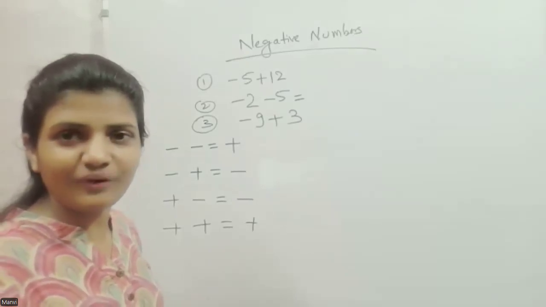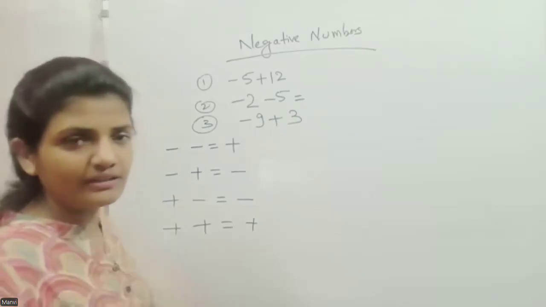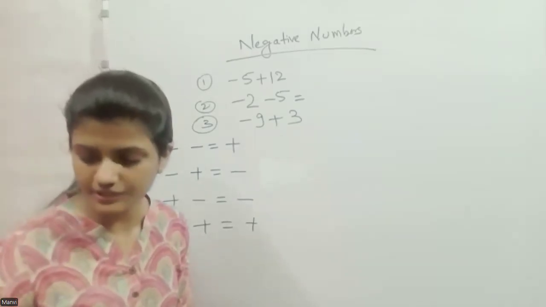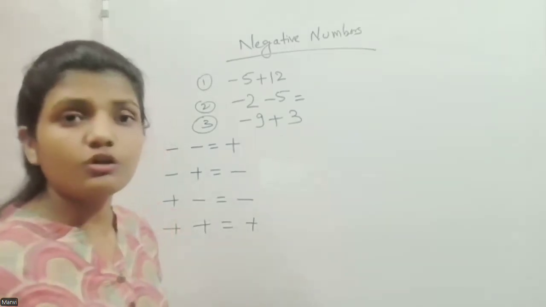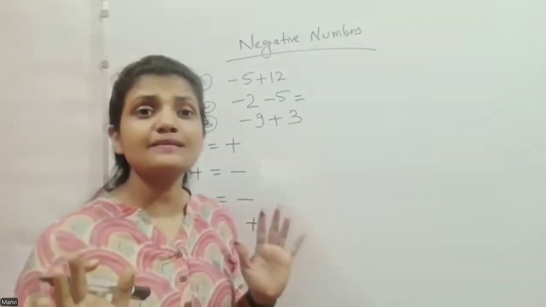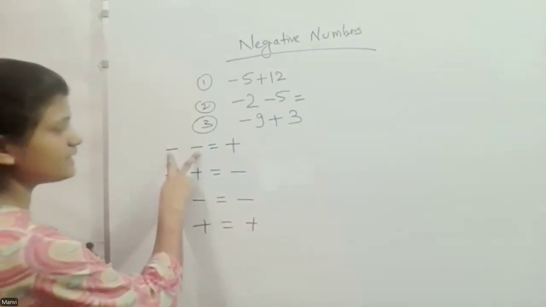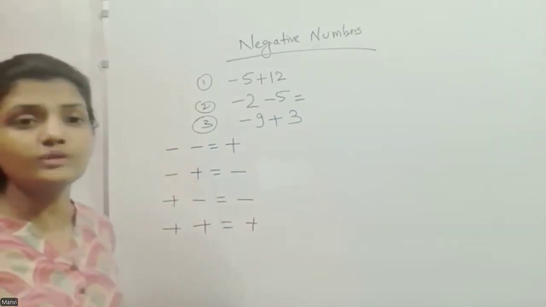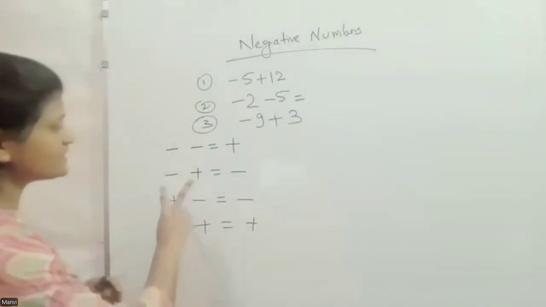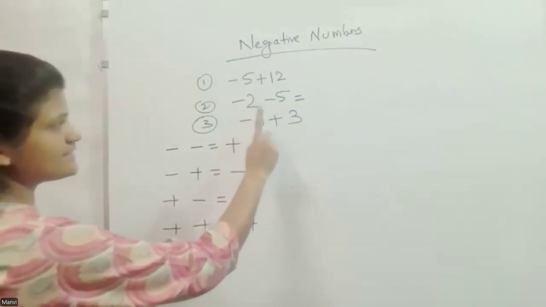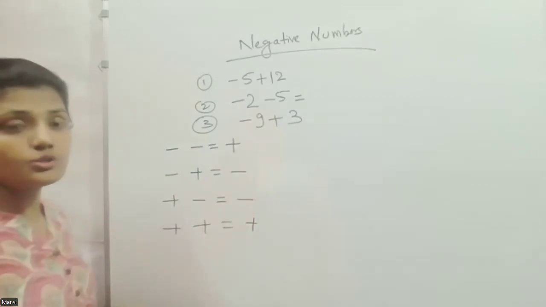Good, Rans. Okay, well done. Jessica, you're also correct. Now, what does the concept say? The concept says that when there are similar signs, minus minus or plus plus, we always do the addition. And when there is a different sign, one is minus and the second one is plus, then we always do subtraction.